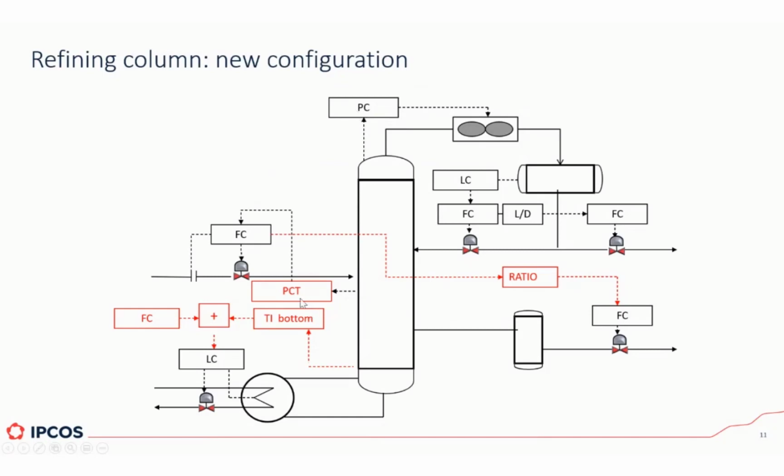So what's going on here is that this pressure controller is using the feed to the column as means of internal reflux for the bottom section, and that's how the temperature is controlled. Then at the same time, we have a control of the steam. This is basically this FC, this flow controller, it has a strange configuration, which I'm not going to go into much detail, but just to keep it simple, just think of this as steam going into a reboiler, providing the heat needed by the column.